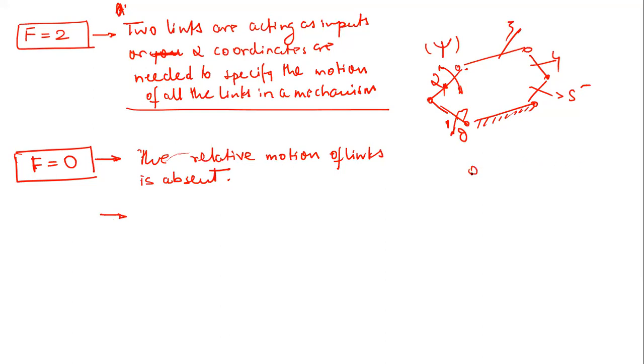I drew this diagram, then I said, let us fix this link. A structure. Very good. So in this case, this will be called a structure. Very important: if anybody asks you what a structure is, you can simply define it as a mechanism, or simply a kinematic chain, where the degree of freedom is 0.